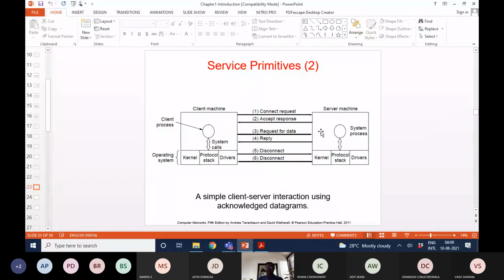First a connection request will be made, then the accept response, then a request for data, then the reply with the data, and then it goes for disconnect. In this way the service primitives normally work in client-server interaction using the acknowledged datagram system. Whatever data it gets, it has to acknowledge. This is how the service primitives work in case of client and server machines.